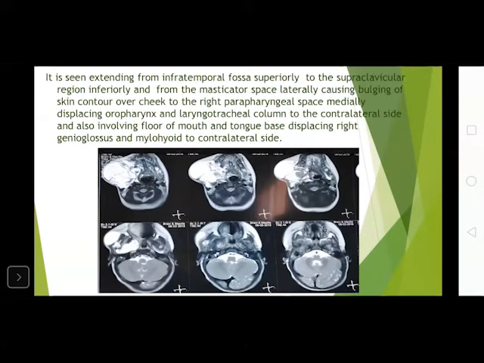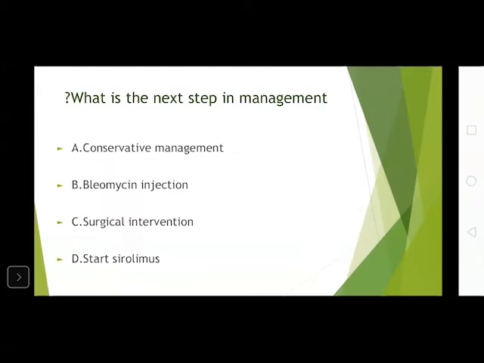It extended from the infratemporal fossa superiorly to the supraclavicular region inferiorly, and from the masticator space laterally, causing bulging of the skin contour over the cheek, to the right parapharyngeal space medially, displacing the laryngotracheal column to the contralateral side. It also involves the floor of the mouth and tongue base, displacing the right genioglossus and mylohyoid to the contralateral side.